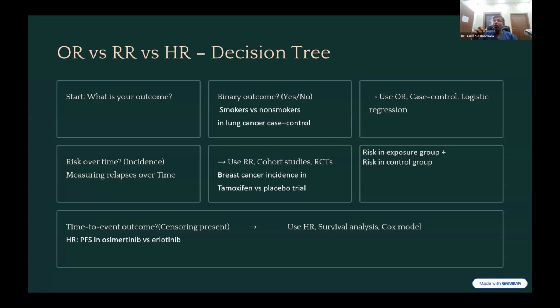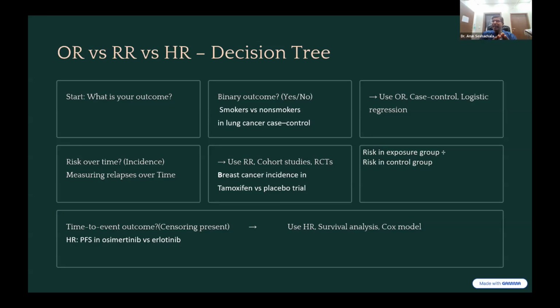You are documenting the death, and also when the patient has died, the difference from the diagnosis to the death. You want to calculate and compare that, so you do it with survival analysis or the Cox proportional model.